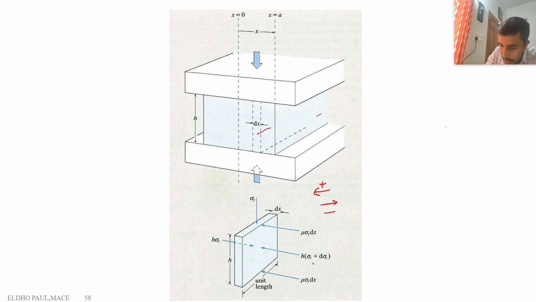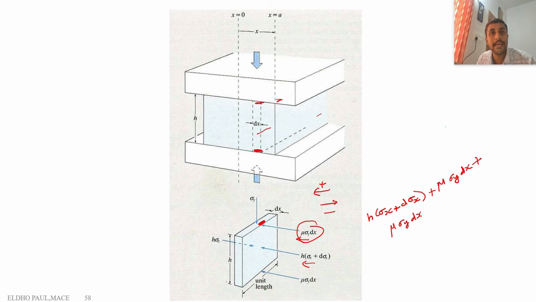To the left, this force is acting: h into sigma x plus d sigma x. Then towards the left, this force is also acting: plus mu sigma y into dx, at the interface between the top die and workpiece. Similarly, between the bottom die and workpiece, the same force acts: plus mu sigma y into dx.